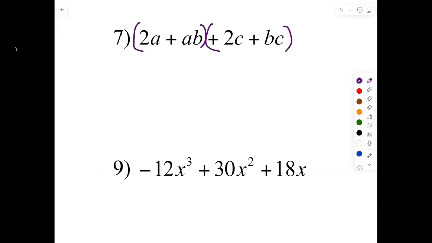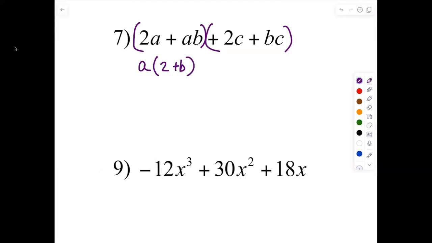Easy as this. When there are 4 terms, you just group them, the first 2 and the second 2. You with me on that so far? Then you're looking at the first 2, you say, what's common? An A is common. And what's left behind? 2 plus B, perfect.